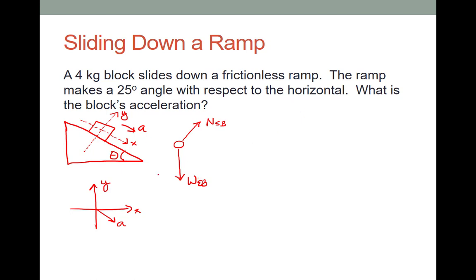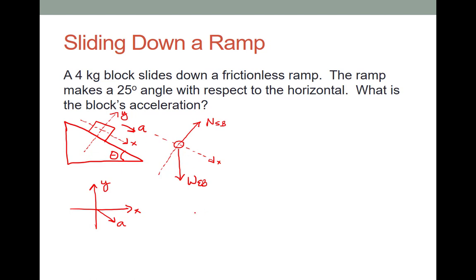So we need to do some work to figure out the angle that the gravitational force makes with respect to either the x or y axis, so that we can split the gravitational force into components.